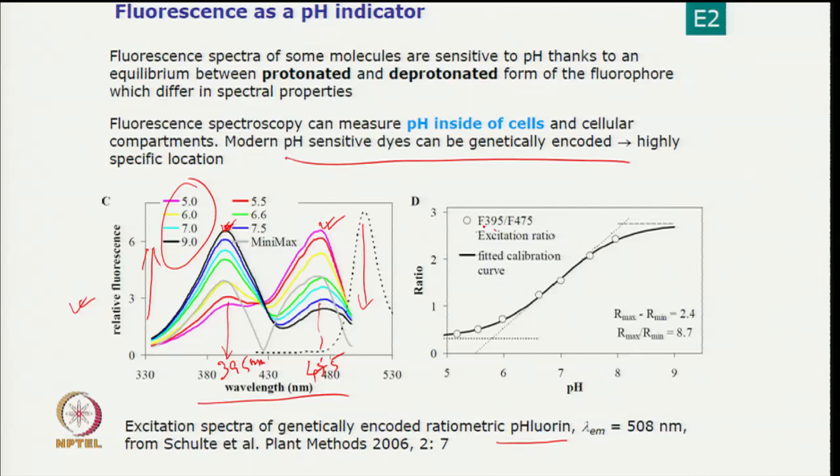So, by taking the ratio between fluorescence at 395 nanometer and fluorescence at 475 nanometer, we can measure the pH inside the cell.